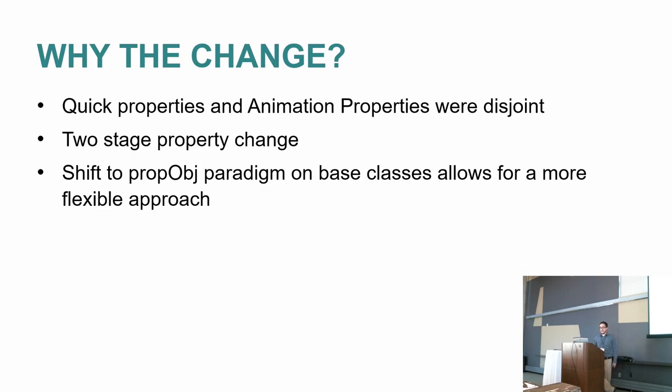And as you can imagine, a disjoint system would create disjoint code to accomplish the same end, which at the end of the day is simply just user input changing something on something else. So why have these two separate systems accomplishing the same end?